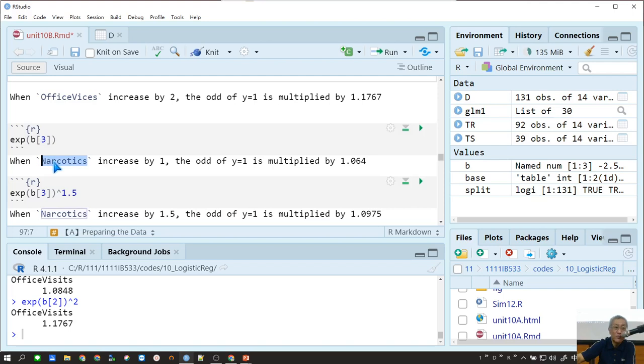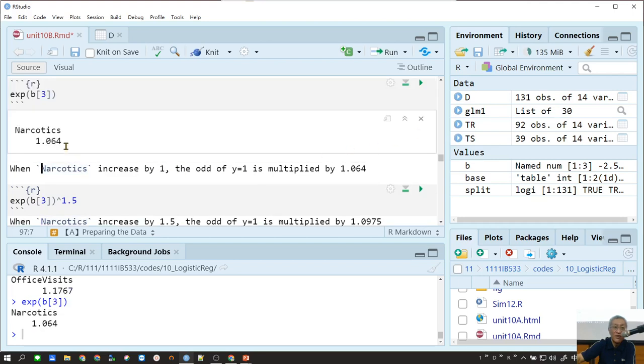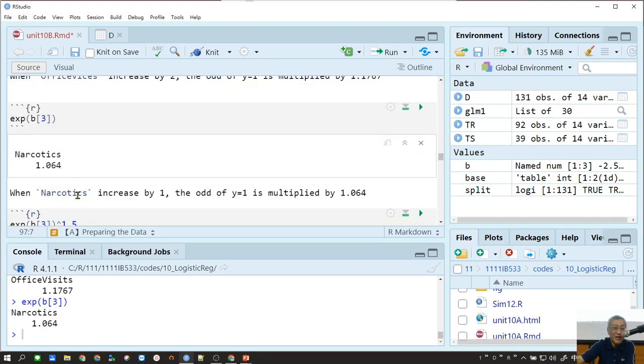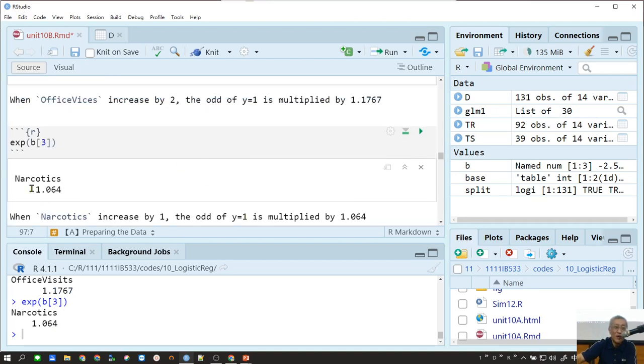The B3 is corresponding to narcotics, right? So if narcotics is increased by 1, then the odds of y equal to 1 would be multiplied by this thing, 6%, or raised by 6%, you can say that.